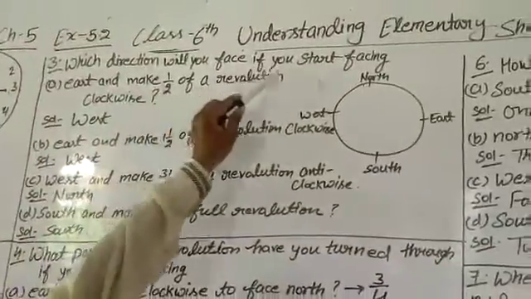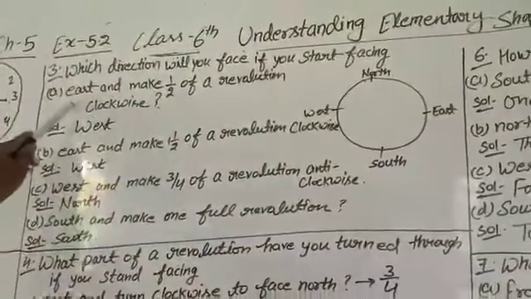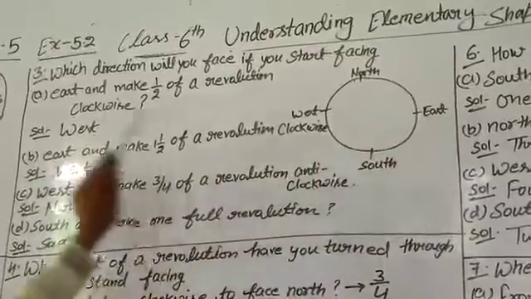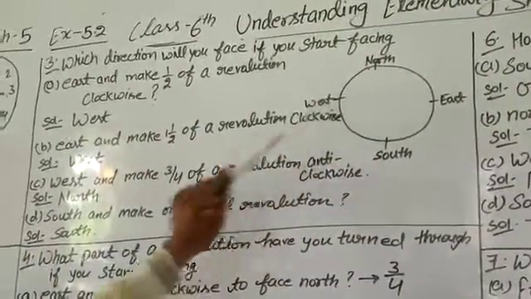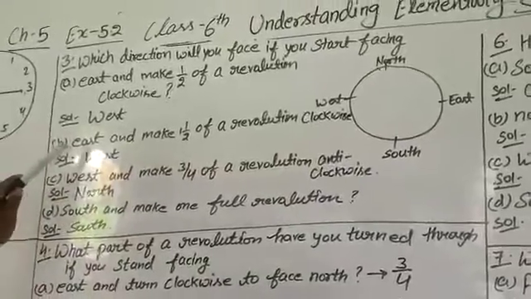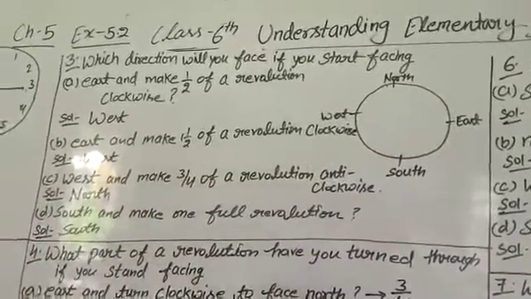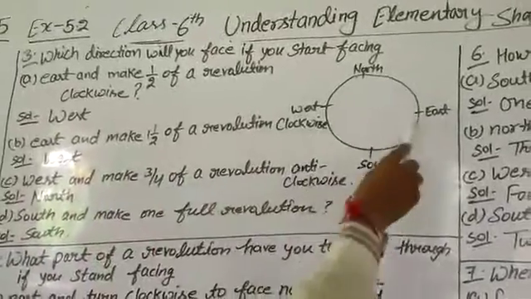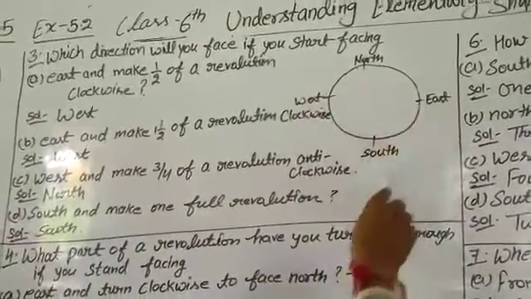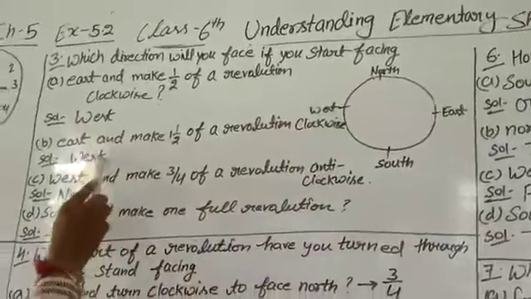Now the third question. Which direction will you face if you start facing east and make 1/2 of a revolution? 1/2 is 180 degrees, so the answer is west. Then start facing east and make 1 whole and 1/2. 1 whole means a complete round, and again 1/2, so west.